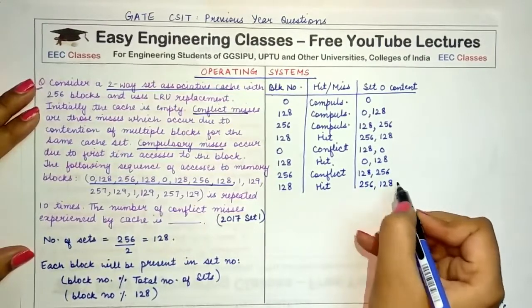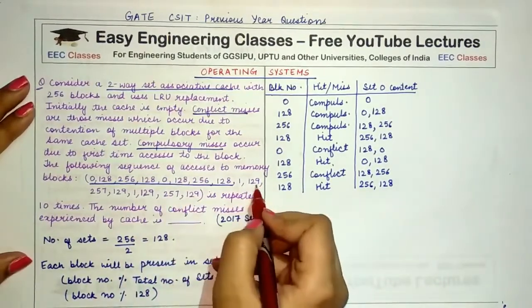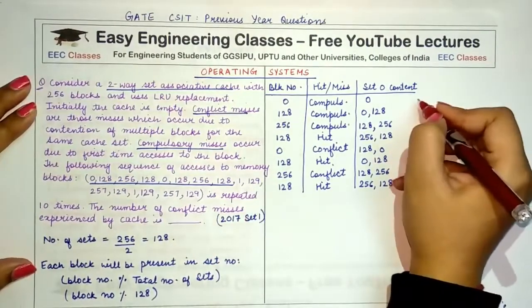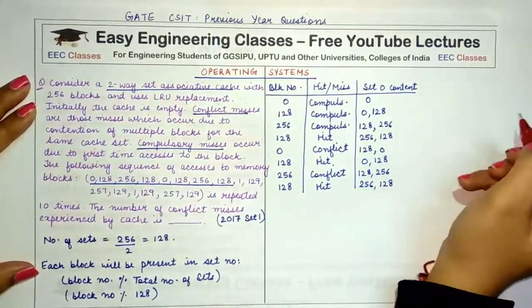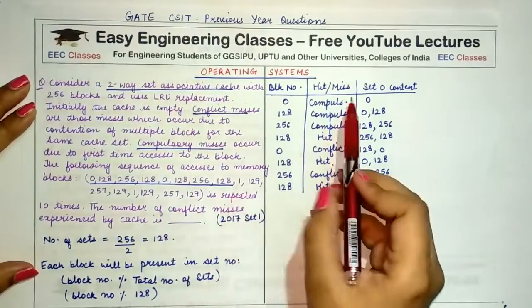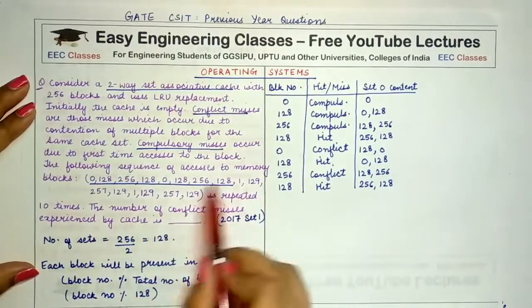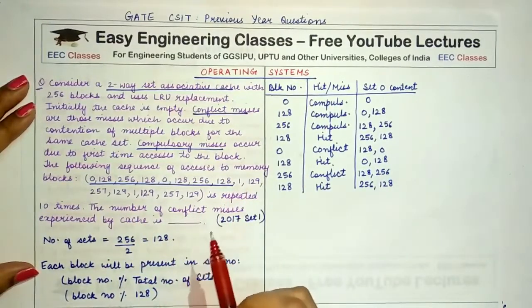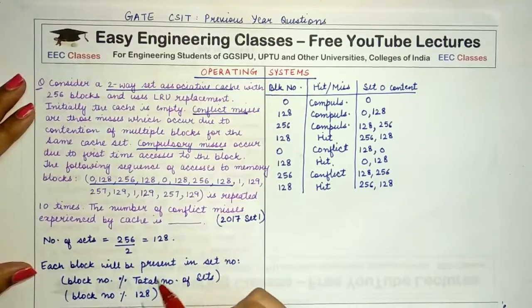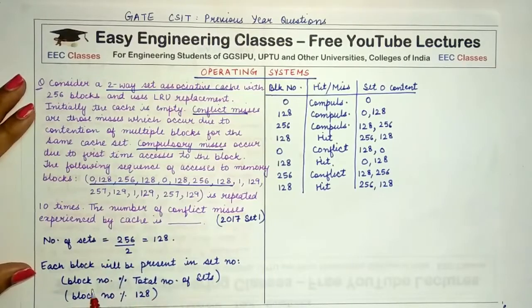This was for the first half, or some few block numbers that I have underlined here. Now for the remaining ones, you will notice that almost the same pattern is followed. That means when 1 is brought into the memory, 129 and 257, all of them would contend for set number 1, because 129 modulo 128 would give you 1.